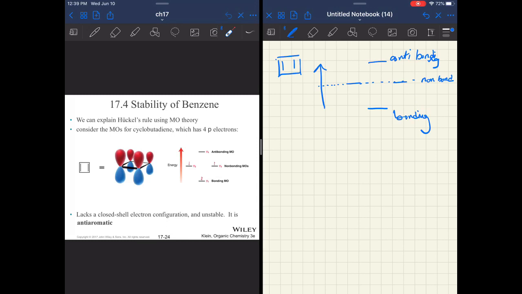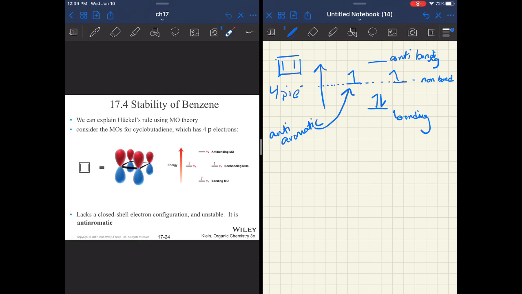Doesn't make things better, doesn't make things worse. What's really interesting here, though, is there are 4 pi electrons. And if we fill this in using our Pauli, Aufbau, and Hund rules, we wind up with a set of unpaired electrons. This is the key to something being anti-aromatic. This is one of the things that makes it so unstable.